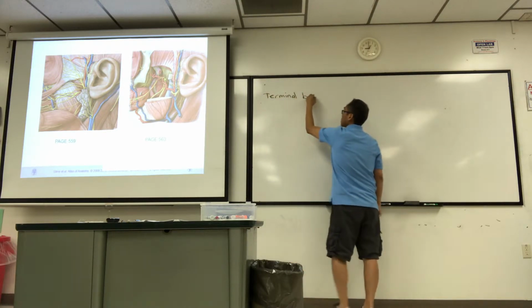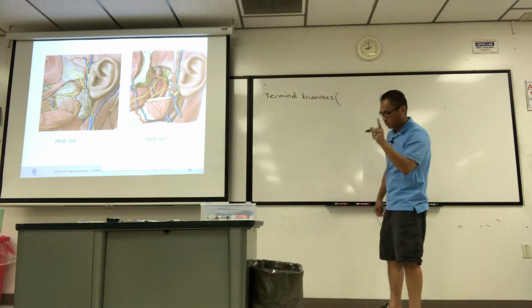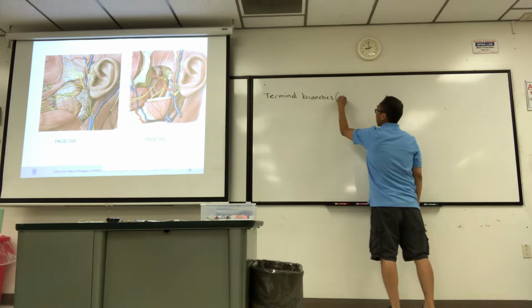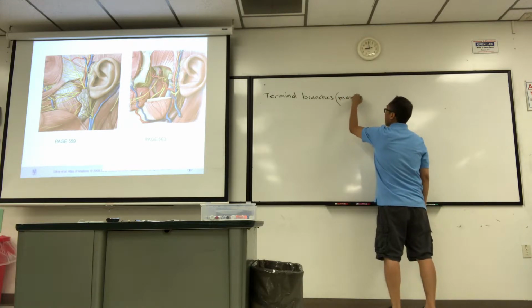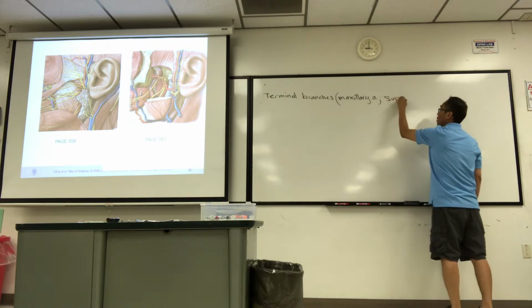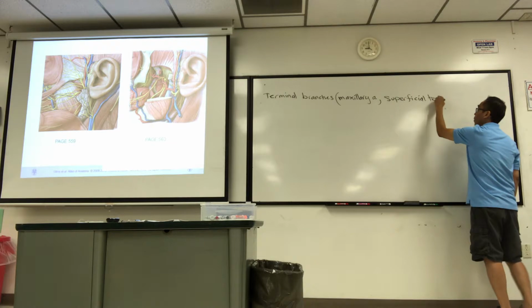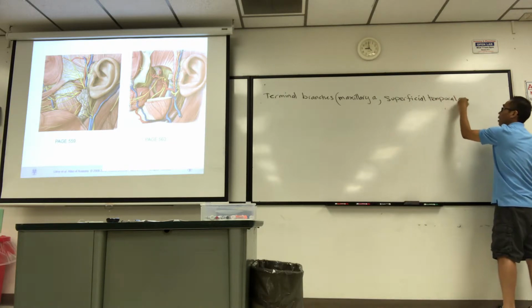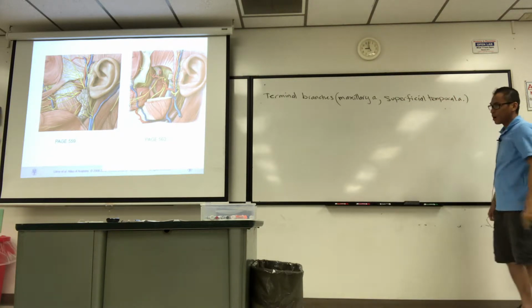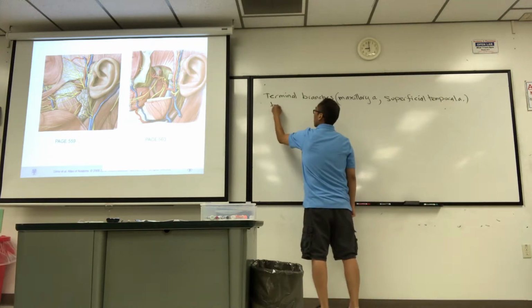Terminal branches, and let's remember that was maxillary, superficial temporal. Maxillary artery, superficial temporal artery. They branch deep to the parotid salivary gland.